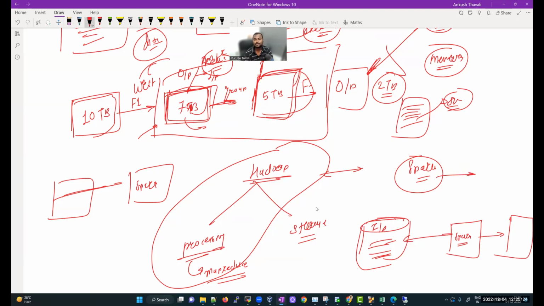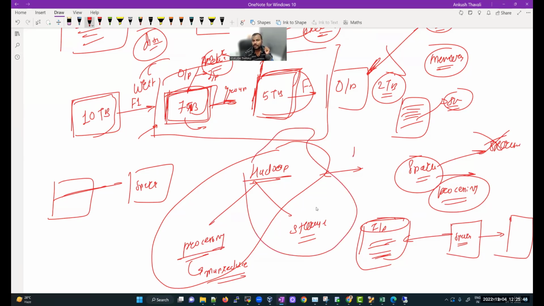The problem is, Spark is a processing unit. It does not have any storage. There is no storage for Spark. Spark is not coming with its own storage. So which storage will it use? It will use the storage of Hadoop only. We call it HDFS, Hadoop file system, which I told you about 2 minutes back.